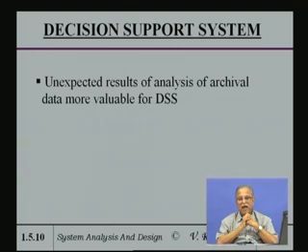If something comes out unexpected, then it is a lot more valuable, because you never guessed it, but it gave valuable information to you. So, very often unexpected results do lead to new marketing strategies.